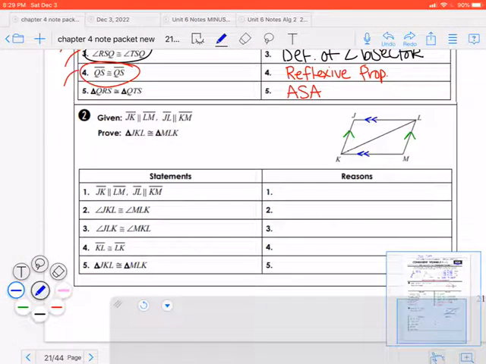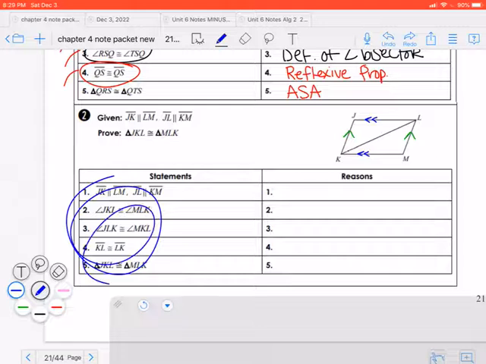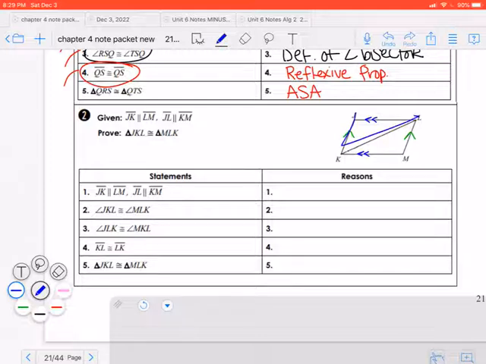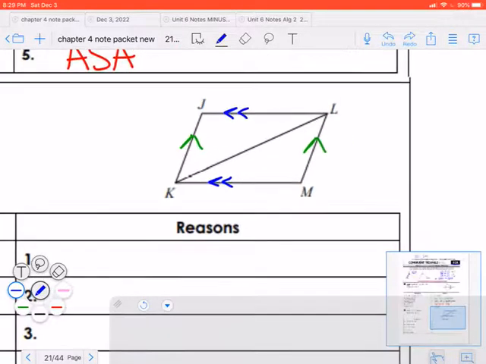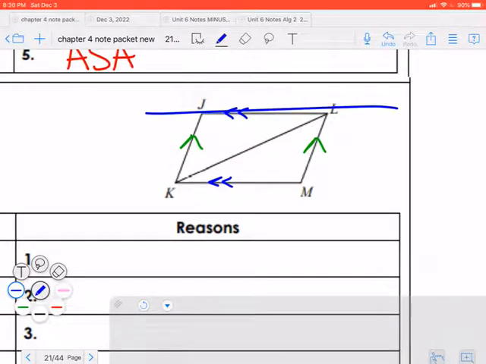And I don't know which angles they've given us down here yet. Let's see. It says JKL and MLK. JKL, so this guy, with MLK, with that guy. So that's what I was highlighting. So we have here two parallel lines with a transversal.